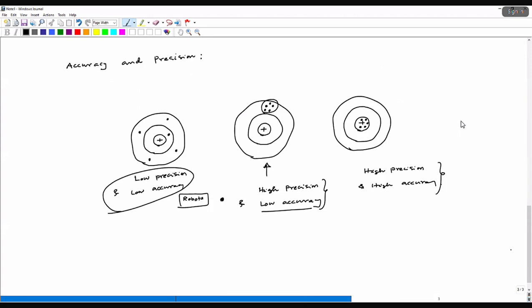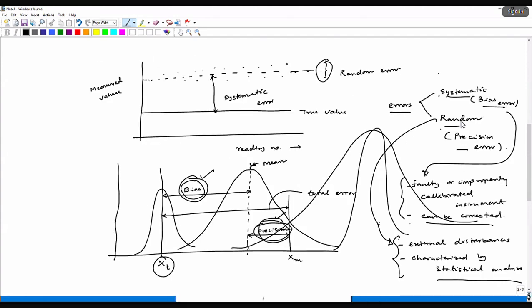Sir, can I just ask one question? In that Gaussian curve, is it necessary that the bias is always on the left side of the mean? No. I think the true value can lie anywhere. In fact, the true value can come somewhere here.